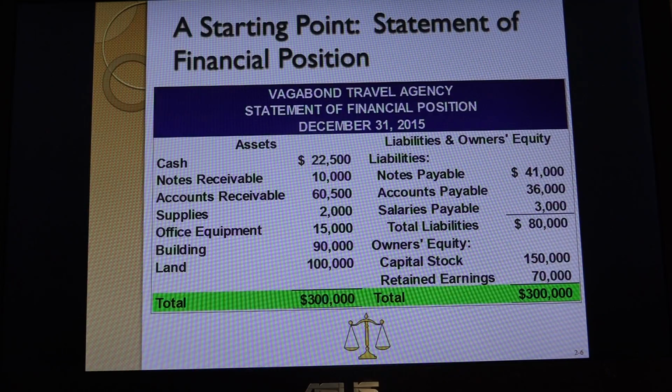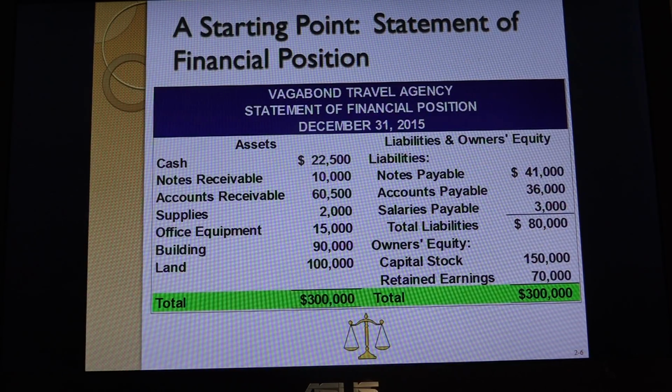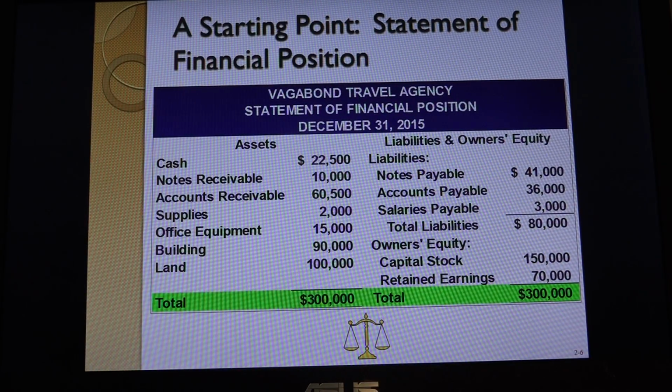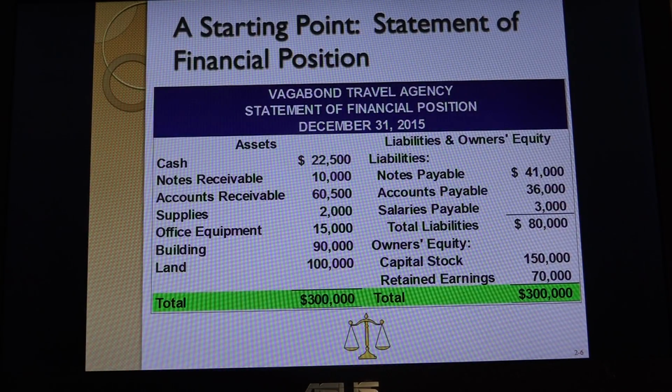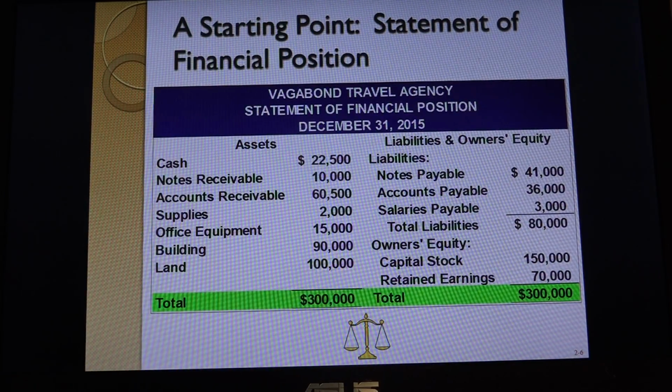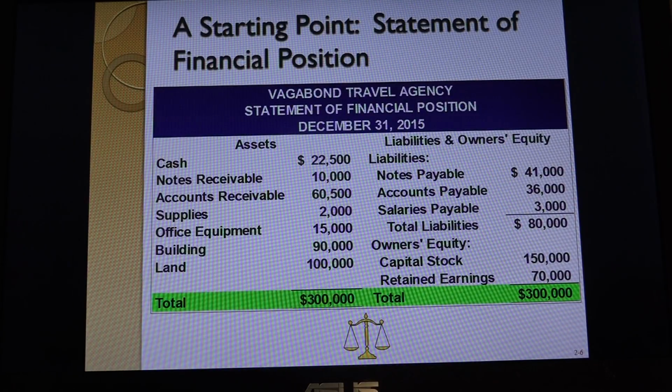And then they note the date upon which this statement of financial position is reporting about. It's the statement of financial position of Vagabond Travel as of December 31, 2015. Now, so that's the heading.